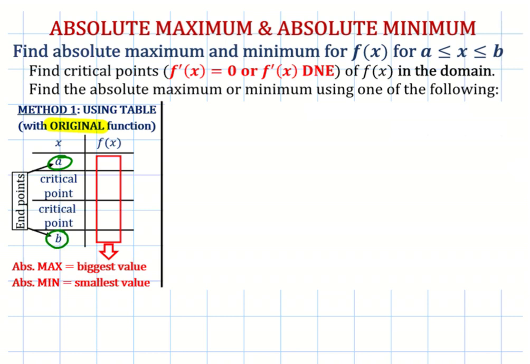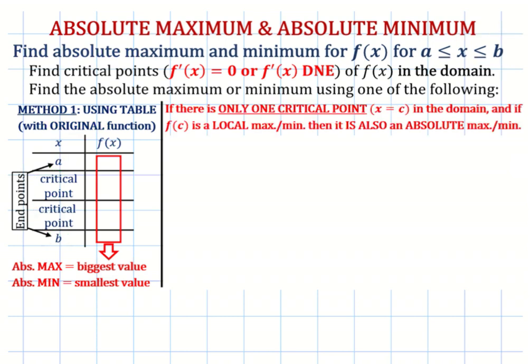A and b come from the problem. Those are the boundaries or the endpoints, and then we have every critical point in between a and b. After that, evaluate the function. Whatever the biggest function value is, that is the absolute maximum, and whatever the smallest function value is, that is the absolute minimum. That is the first way, using the original function.